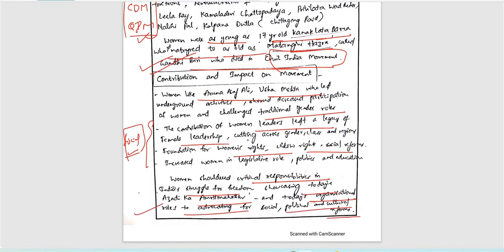Very good. So you have concluded here with the present scenario or present relevance also, right? The role played by women. Very good. We can include in the conclusion part the next developments or present relevance, right?